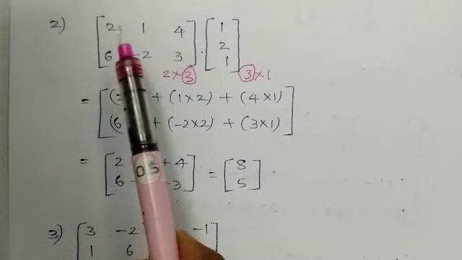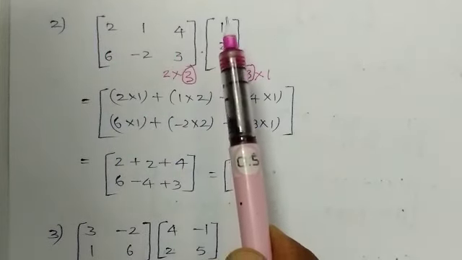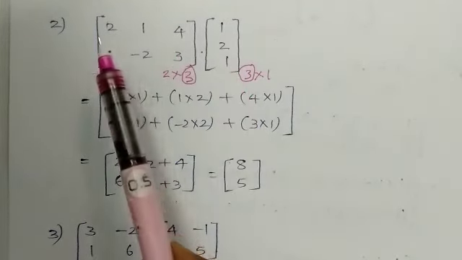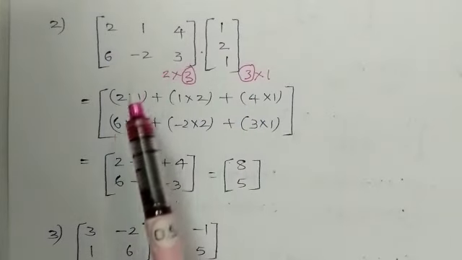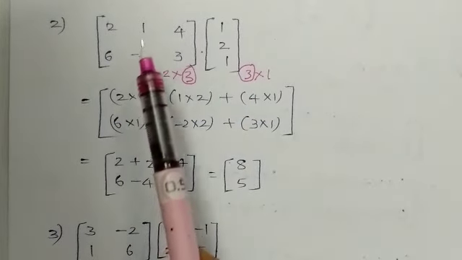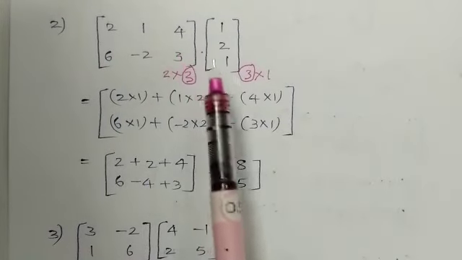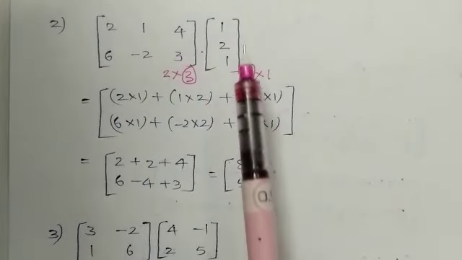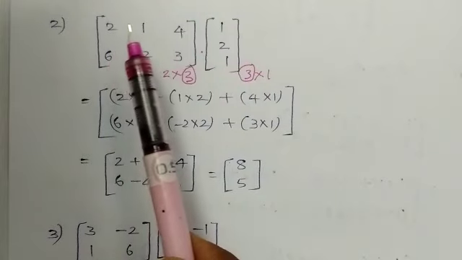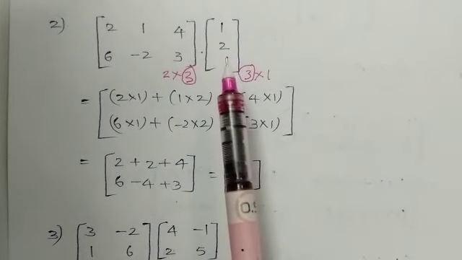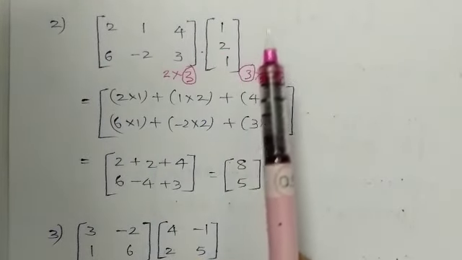This row is multiplied to this column. 2 into 1 plus 1 into 2 plus 4 into 1. So first row is multiplied to this column and there are no more columns here.